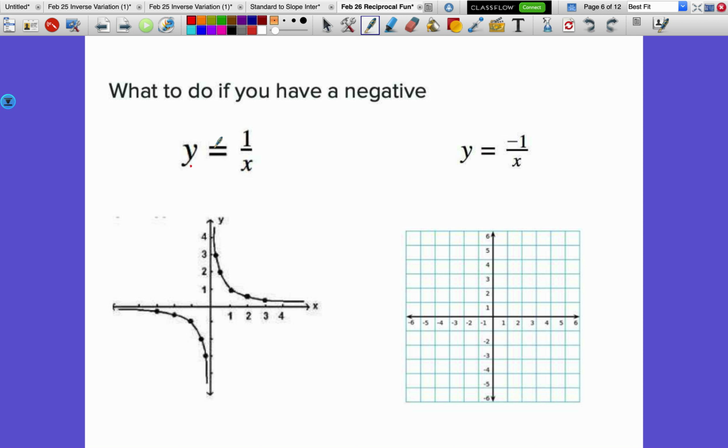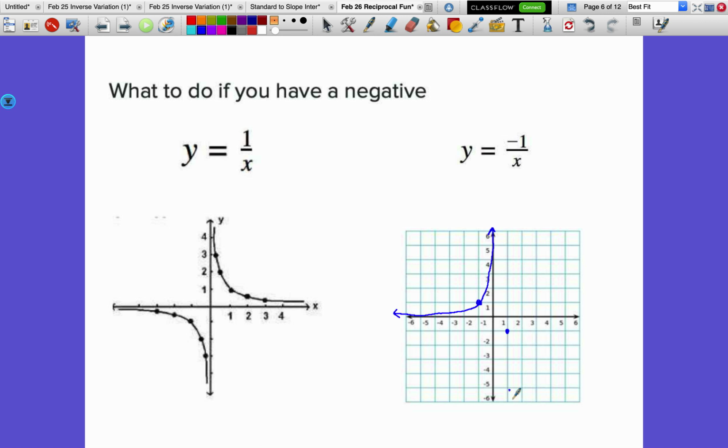So what would happen if we put a negative up top? Well, it would vertically flip this graph, and that would have the effect of making it look like these curves are not going into corners 1 and 3, but rather into 2 and 4. So we would hit the point -1, 1 and 1, -1, and then we sort of curve into these corners like this.